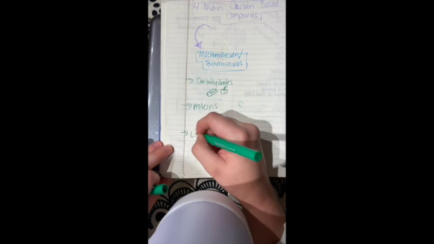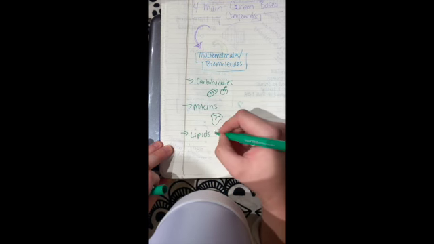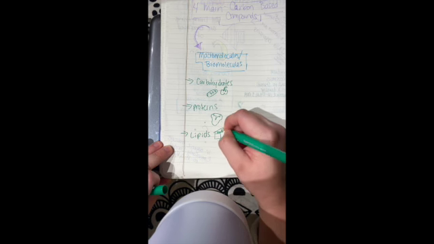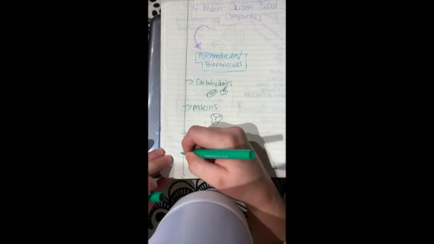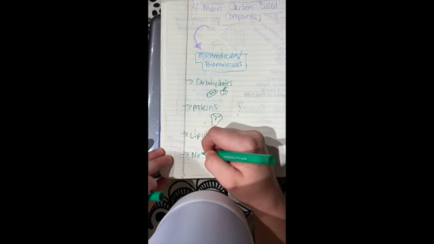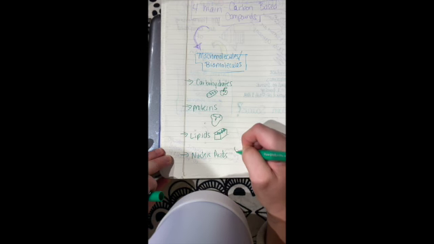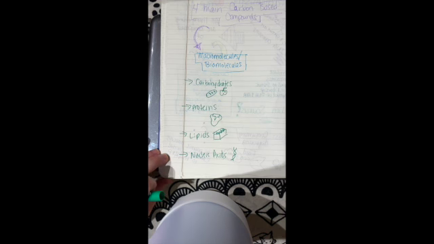And our lipids. This is butter. And nucleic acids. Nucleic acids, we're looking at DNA or RNA, so that's supposed to be a little DNA helix.